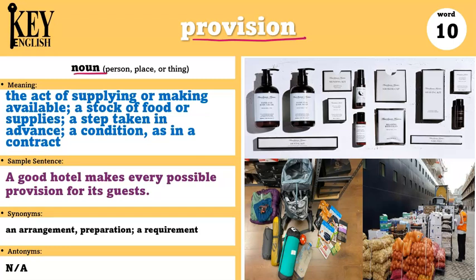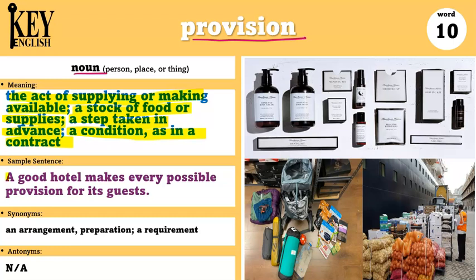Provision is a noun, and provision is the act of supplying or making available a stock of food or supplies, a step taken in advance, a condition, as in a contract. There's quite a few definitions for provision, so let's take a look at the important ones first.